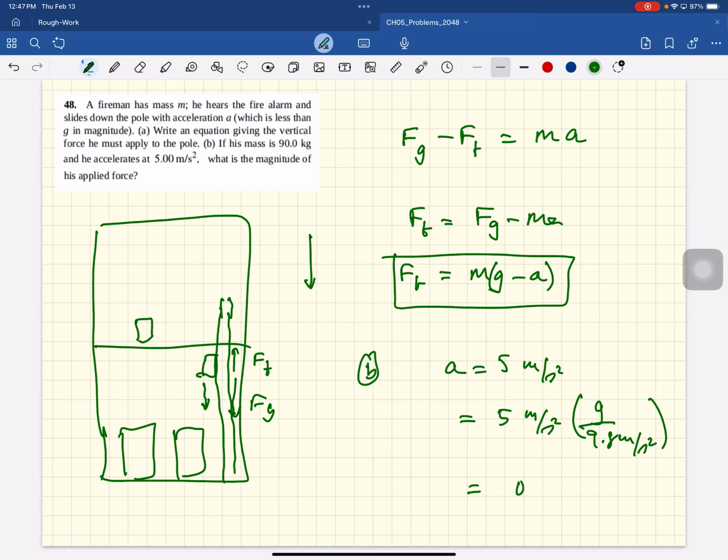So this is 0.51 g. Okay. So the friction force he's applying is mg minus 0.51 mg, equal to 0.49 mg. So the friction force is, like I said, 49% of his weight.